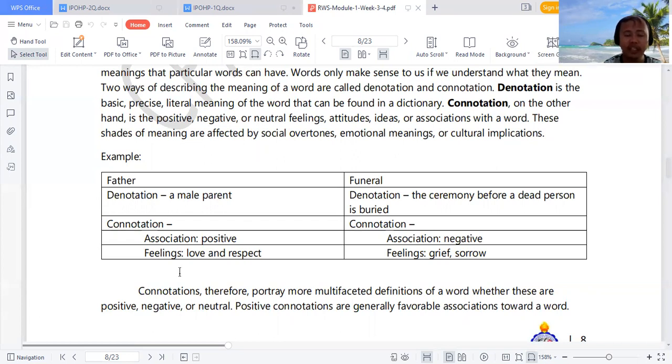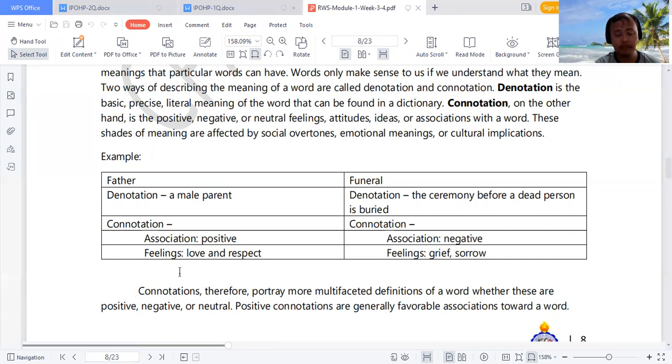When I say a father, that is a male parent. That is the precise or basic meaning. Connotation is about feelings. When I give you chocolates, you may connote that I have a sweet feeling for you or I'm loving you. But when I'm angry at you, it may connote that I hate you, right?